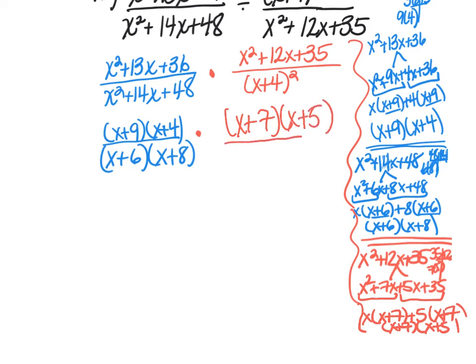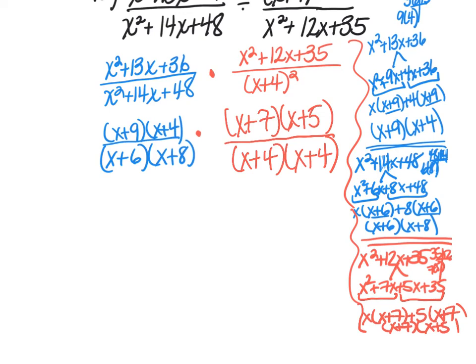And then my last denominator says x plus 4 squared. Guess what? I don't have to factor that, but what I do need to do is write it out twice. So x plus 4 times x plus 4.